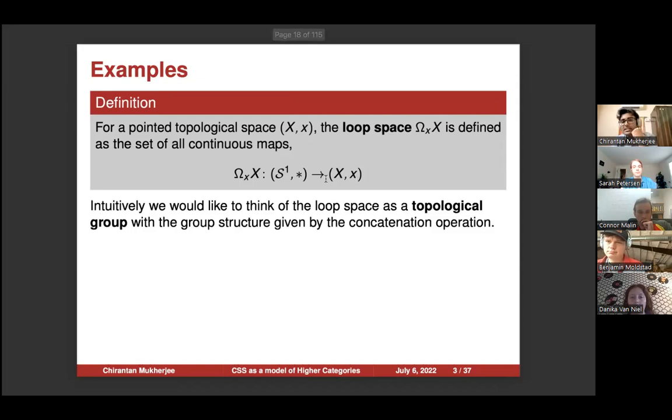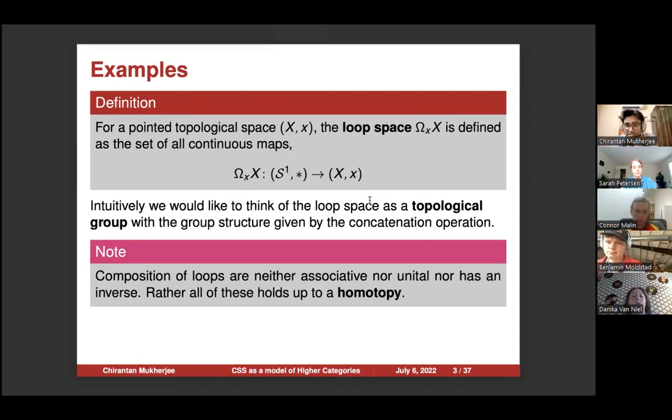Now, at first glance, we think that this loop space forms a group where the composition is the concatenation operator. But on closer inspection, we see that this composition of loops is neither associative nor unital nor has an inverse, so it cannot form a group.